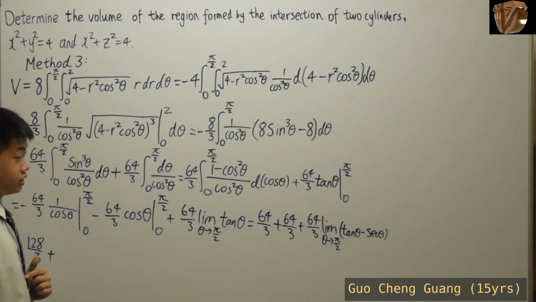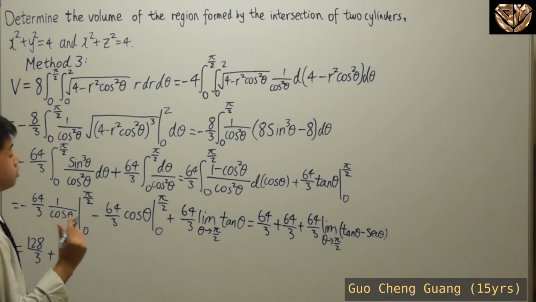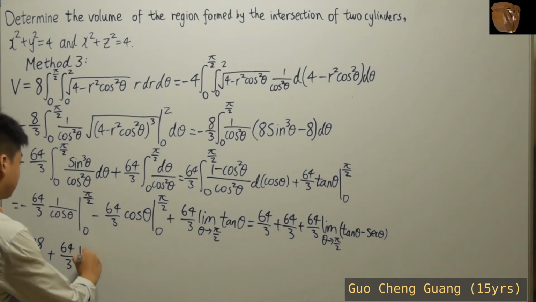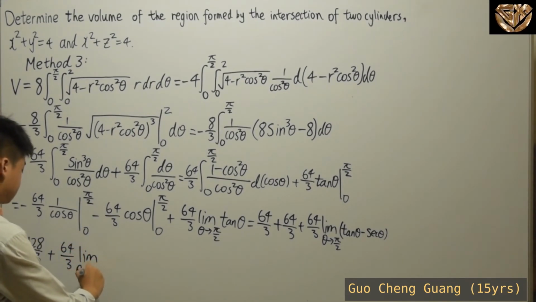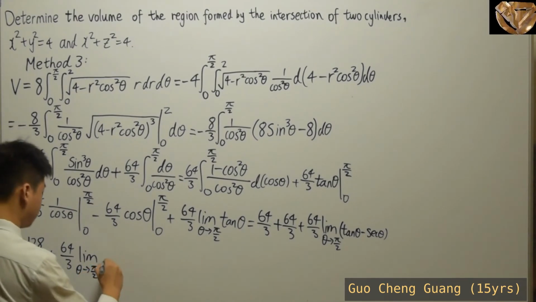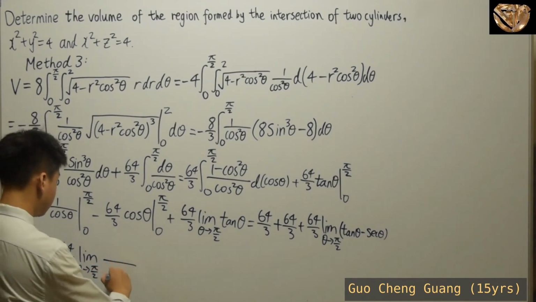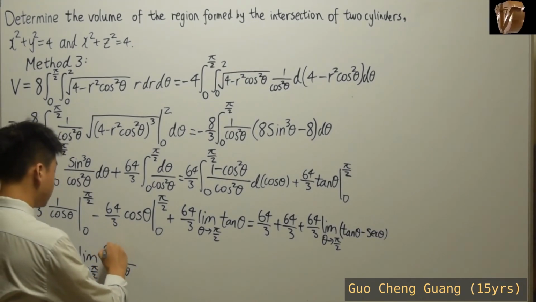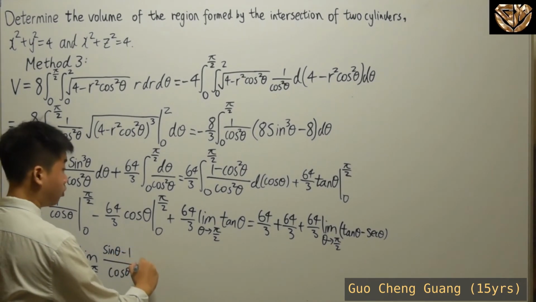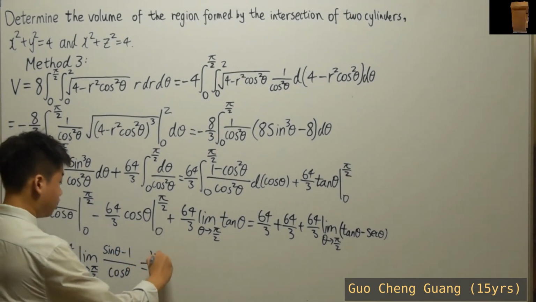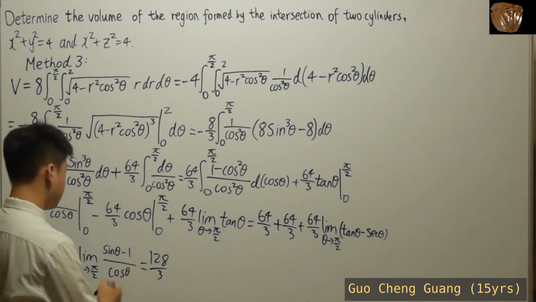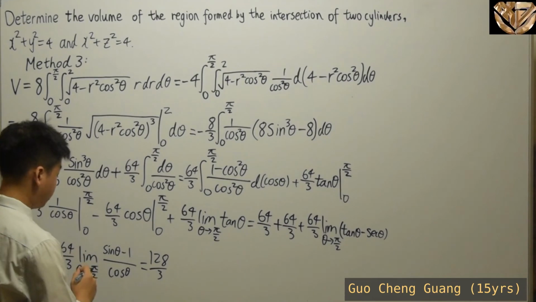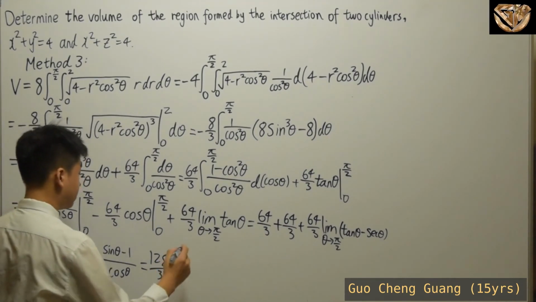Doesn't really seem solvable, does it? How about we change them back into their sine and cosine forms? Then you just use common denominators on them in order to get something over cosine theta, since both of them have over cosine theta, while the numerator is going to be sine theta minus 1.